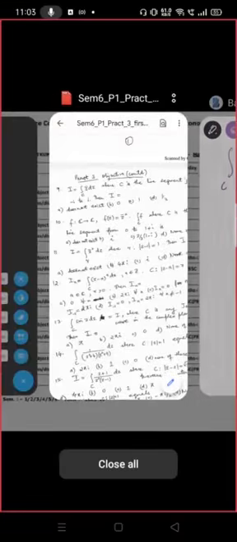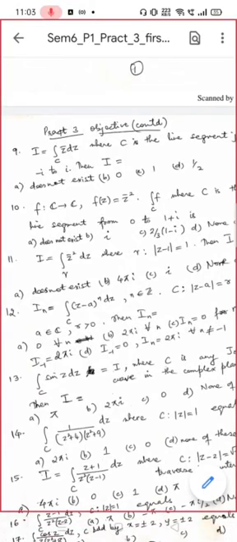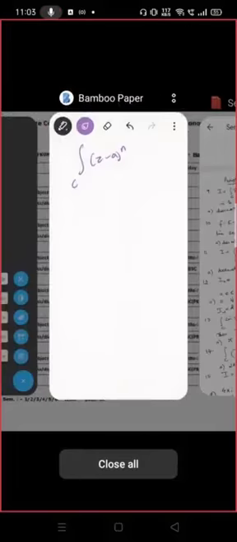This is called I n, raised to n over mod of z minus e equal to r.